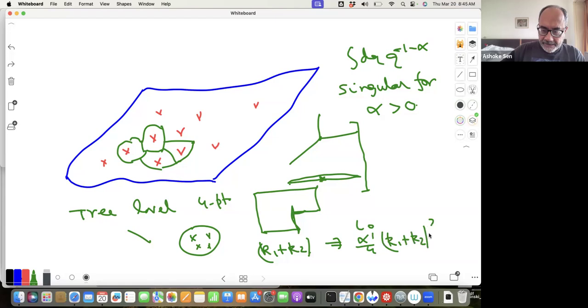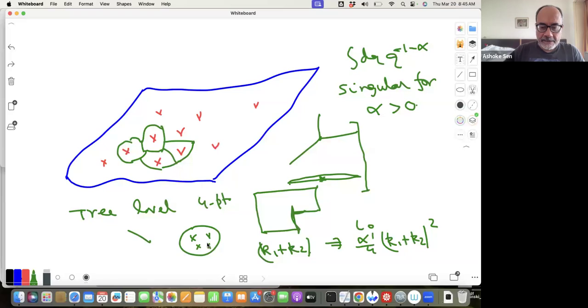For generic K1 plus K2, this is not an integer, so you cannot cancel it by the integer that comes from the oscillators. So then it's perfectly fine; you can define it the way we defined last time. It's only when you are on a pole that the problem appears.